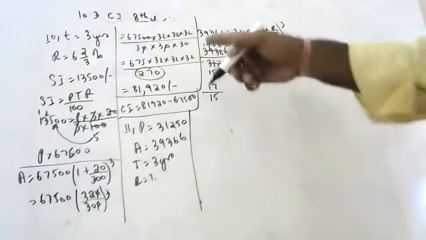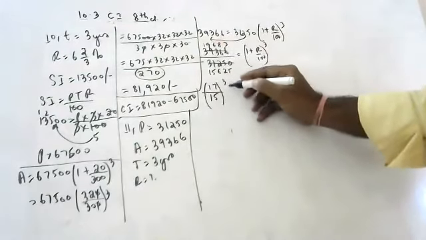Rishikesh, can you see that 17 cube is 19,683? Yes sir, I'm seeing.